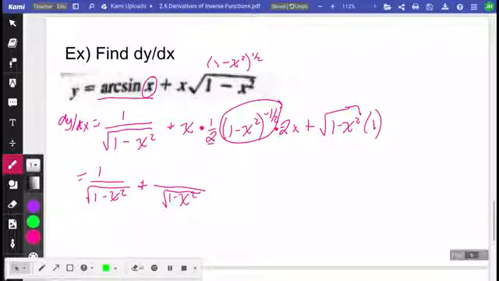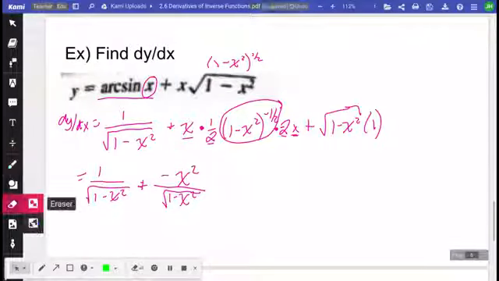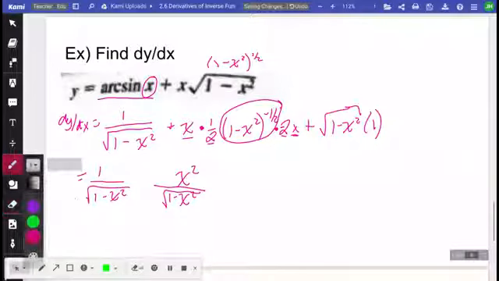And then this 2 and this negative 2, the 2's will cancel, leaving you with just a negative. And we have this x and this x to combine. X times x is x squared. So instead of having plus a negative, let's change it to a minus so we don't lose that negative. And then we have plus the square root of 1 minus x squared.